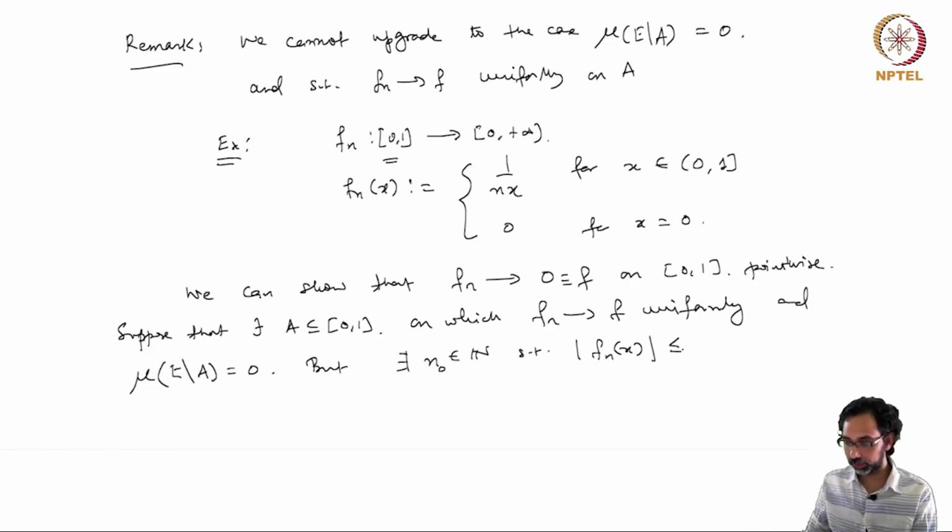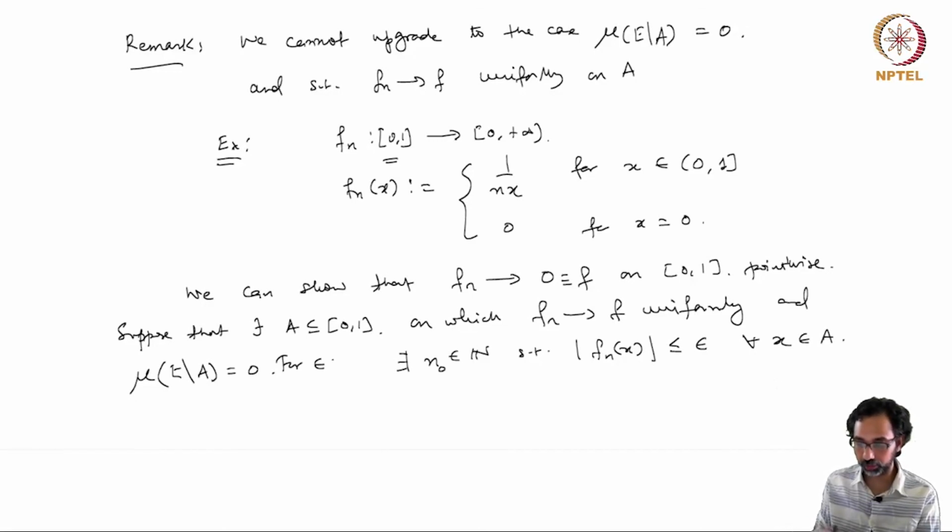is less than or equal to epsilon for all x in A. So for any epsilon greater than 0, we can find an n naught independent of the point x, such that this holds for all n greater than or equal to n naught and for all x belonging to A. But the modulus of f_n(x) cannot be small if x is taken to be 1 over n naught.